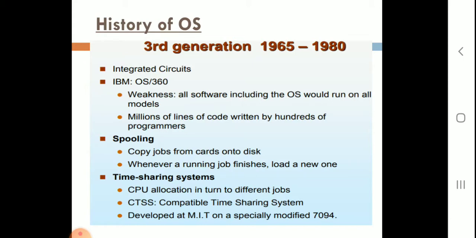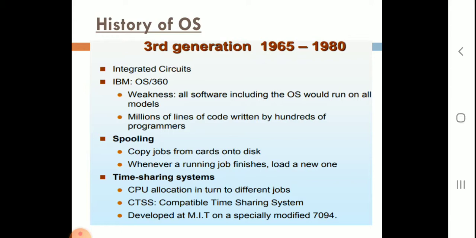Next, we have the third generation operating systems, between 1965 and 1980, which were based on integrated circuits. One example is the IBM OS/360. Its weakness was that all the software, including the operating system, had to run on all the models, with millions of lines of code written by hundreds of programmers.